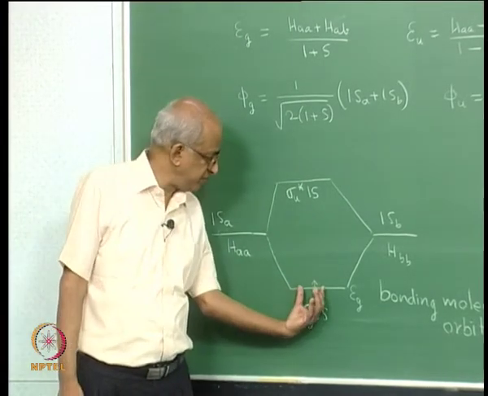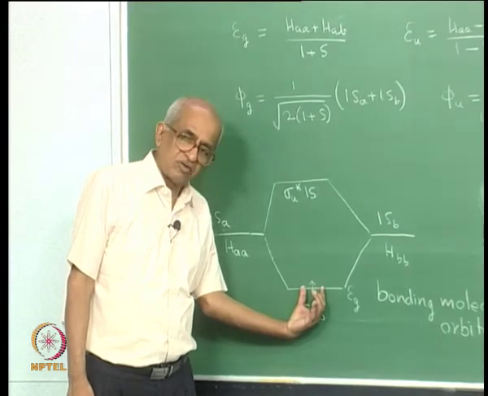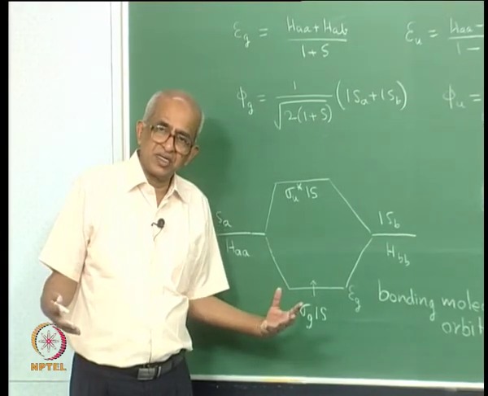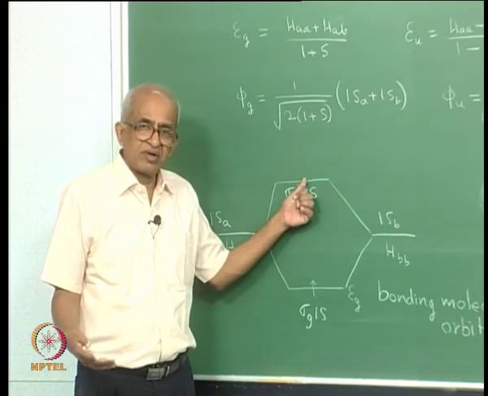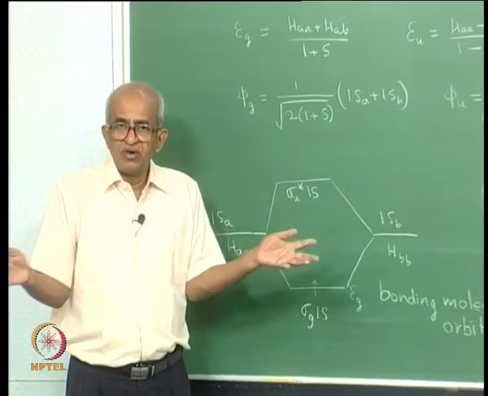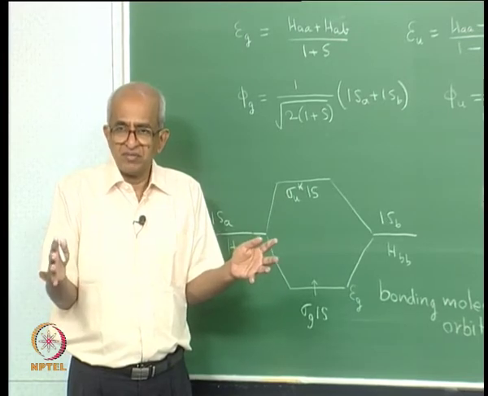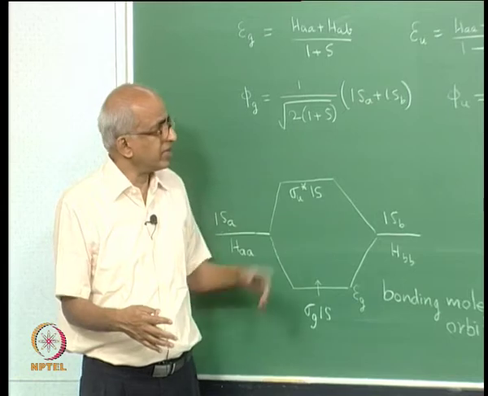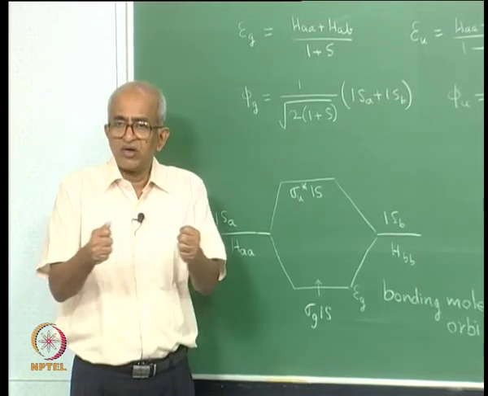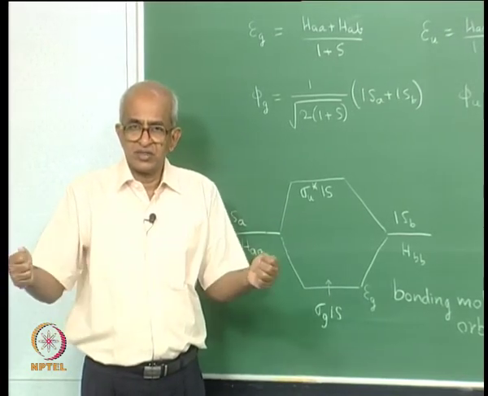Now, you see, if the electron was sitting there, then the system is stable. But the moment I have promoted the electron there, what will happen? There is no stability for the system, right. The system is unstable, and therefore, once I have promoted the electron, the molecular ion will actually dissociate.